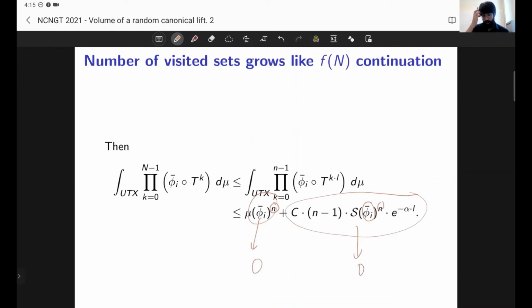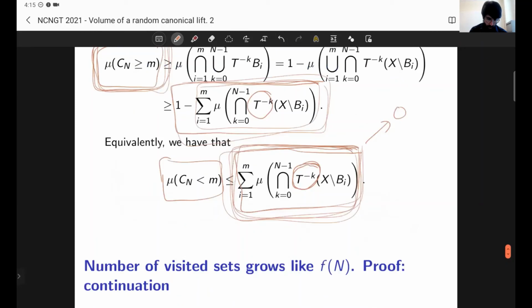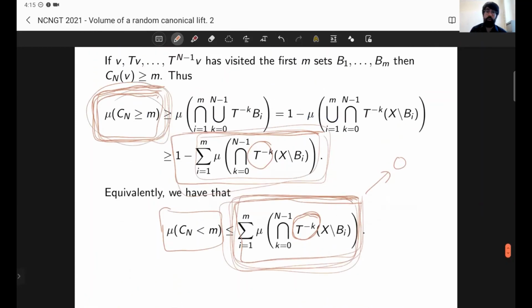So by making a convenient choice of n and a convenient choice that is well suited with respect to these approximations, we can guarantee that these two terms go to 0, and therefore the probability that we wanted to estimate also goes to 0, so that its corresponding complement probability goes to 1. And so that concludes the theorem.